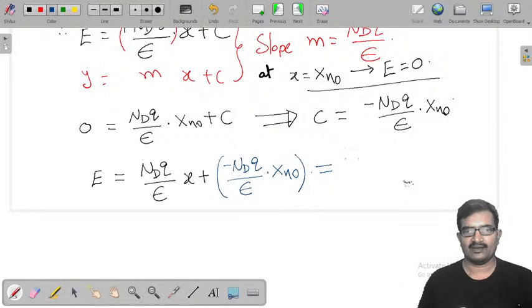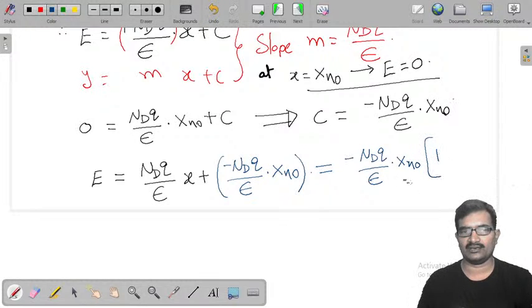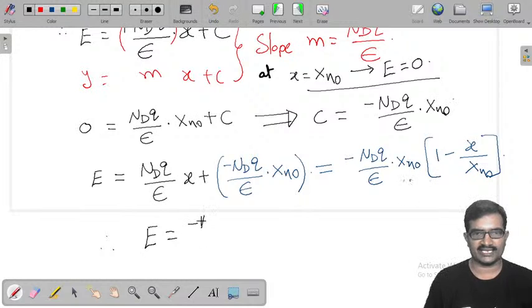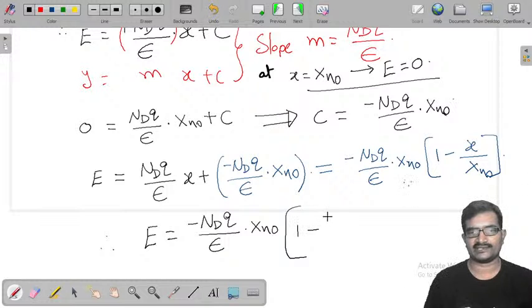I am taking minus Nd into q by epsilon into x n naught common, then it becomes 1 minus x by x n naught. So this is the final equation for electric field in that region. So electric field is minus Nd into q by epsilon into x n naught into 1 minus x by x n naught.